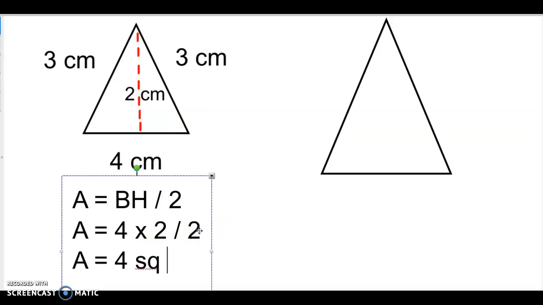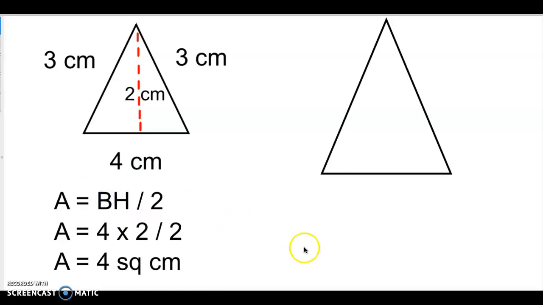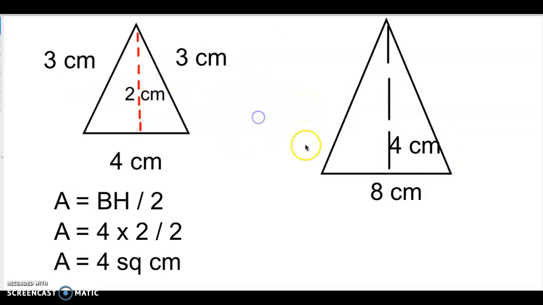So 4 times 2 is 8, and 8 divided by 2 is 4 square centimeters. Let's say I was going to double these dimensions. So the base is going to become 8 centimeters, and the height, which is my dotted line right here, was 2, but since I'm doubling, I'm going to times that by 2, and it's going to become 4.